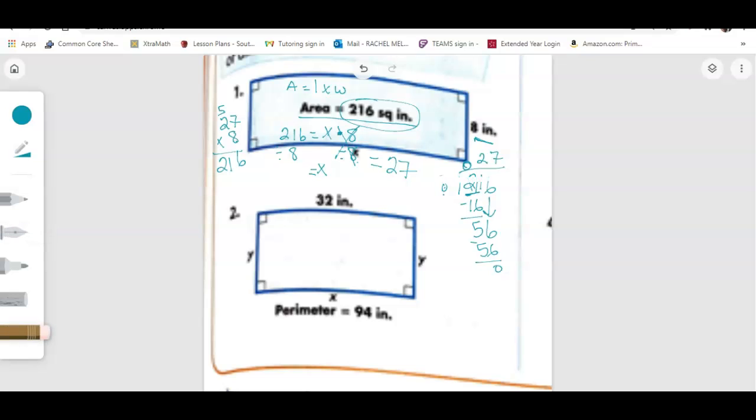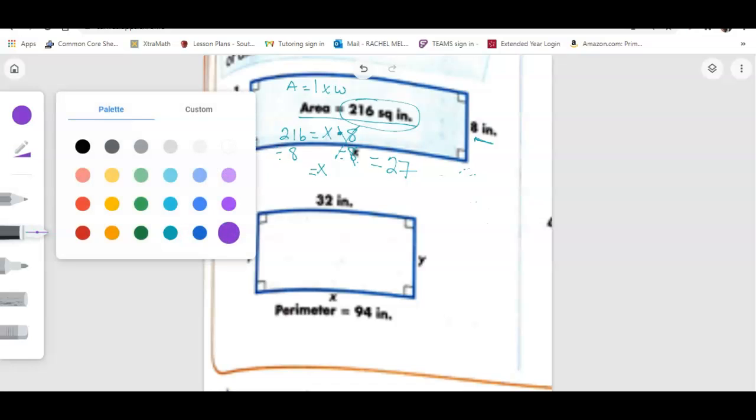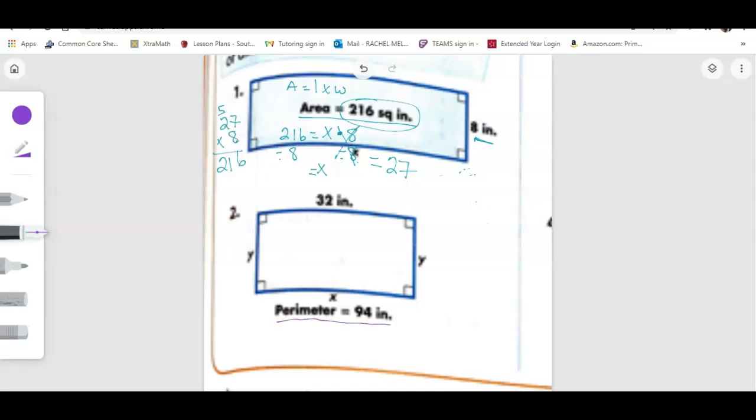I'm going to get a little bit of room over here so we can do this last one. On this one, I know the perimeter. Perimeter is 2L plus 2W. They're telling me the perimeter is 94, and the length is 32.